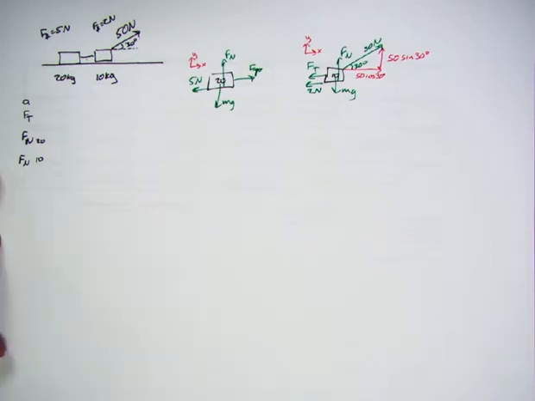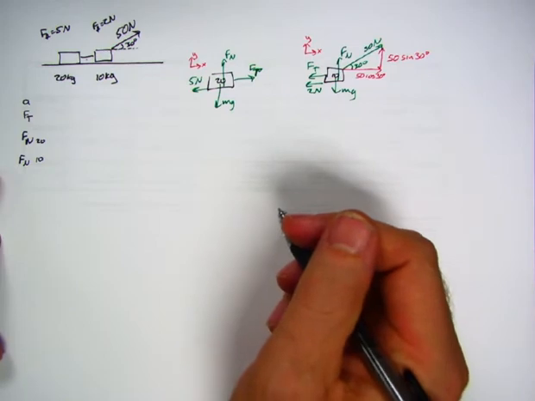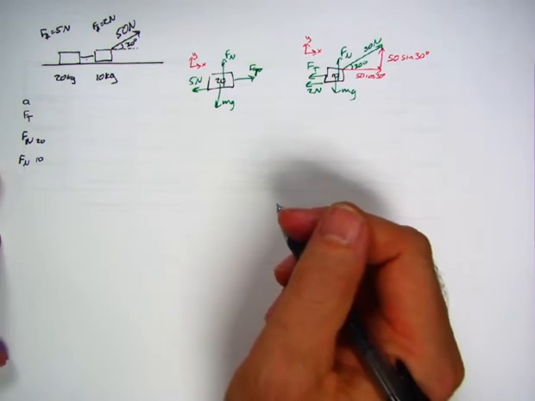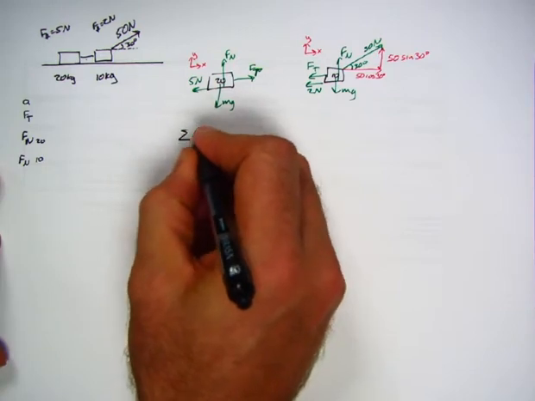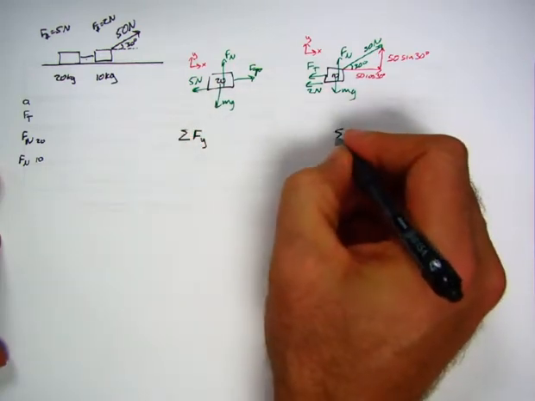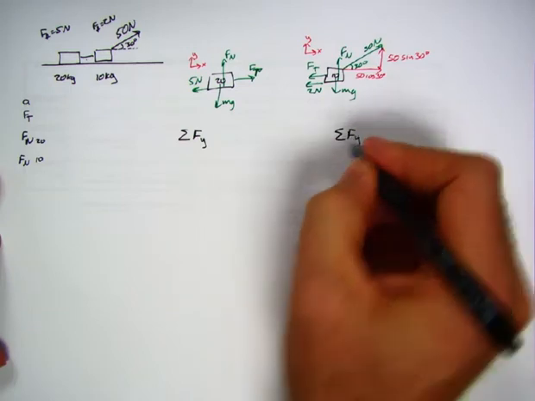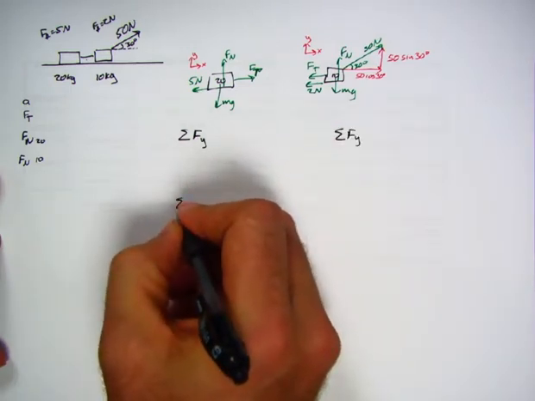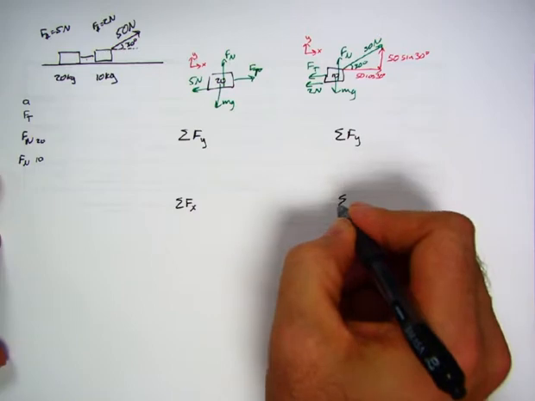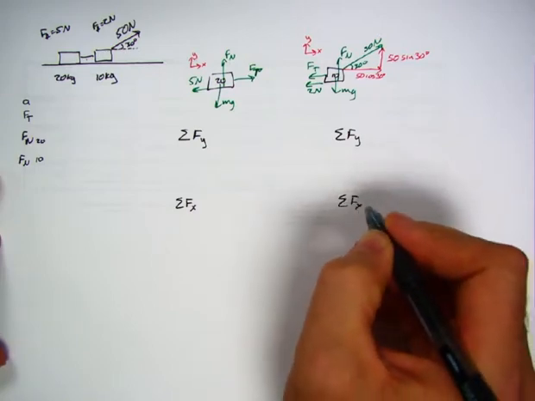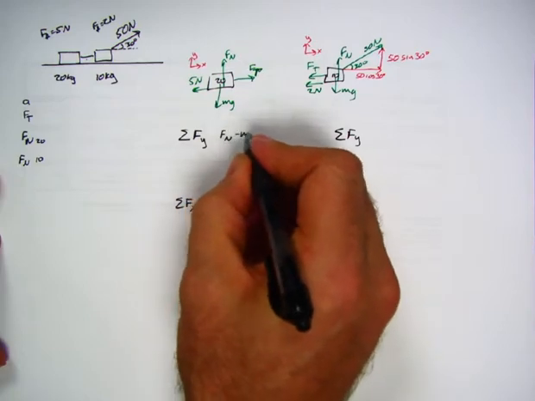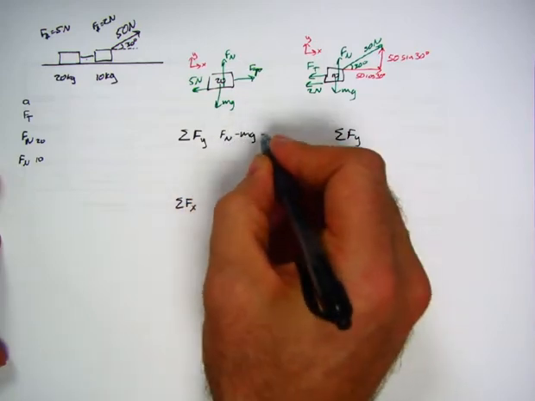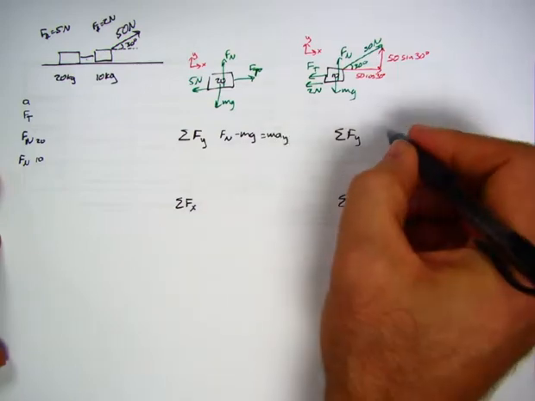So now we have everything in the coordinate systems that we want, and we can apply Newton's laws to write down the equations. Let's do sum of the forces in the y direction for each box, and then sum of the forces in the x direction. Normal force is positive, mg is negative, equals mass times acceleration in y.